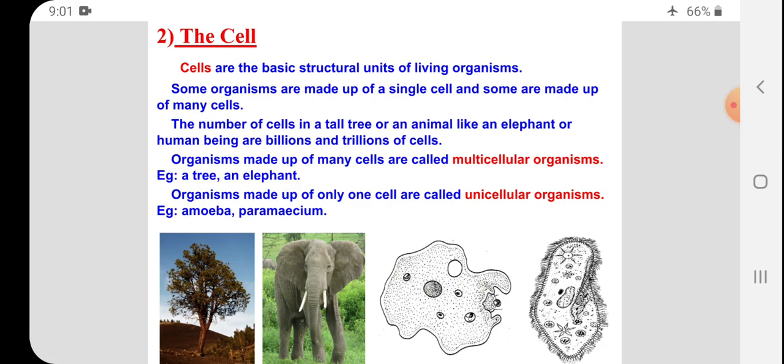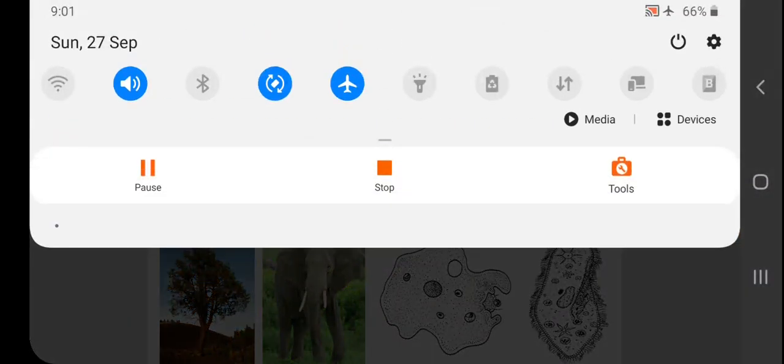And organisms made up of only one cell are called unicellular organisms, for example amoeba and paramecium. You can see them. Paramecium has a slipper-shaped structure, and amoeba is an irregular-shaped single-cell organism.